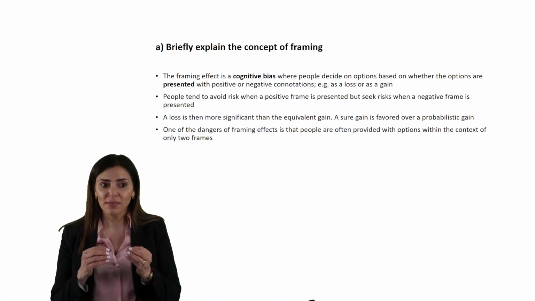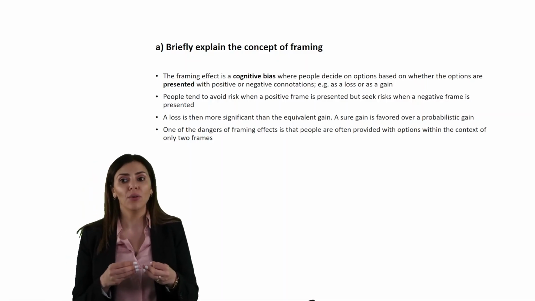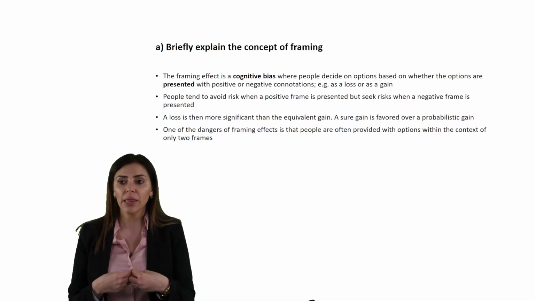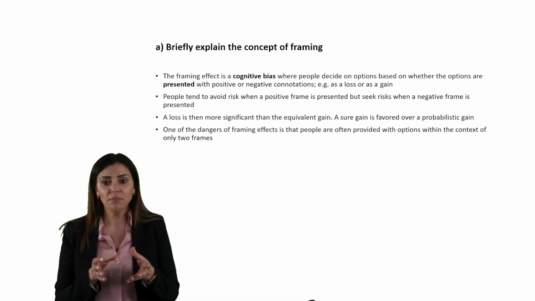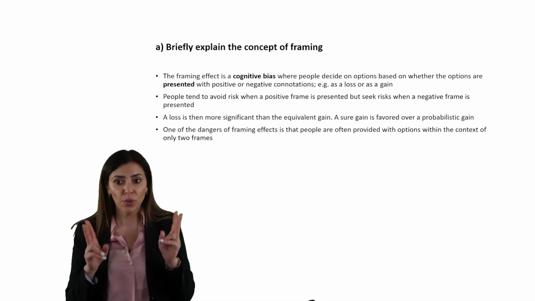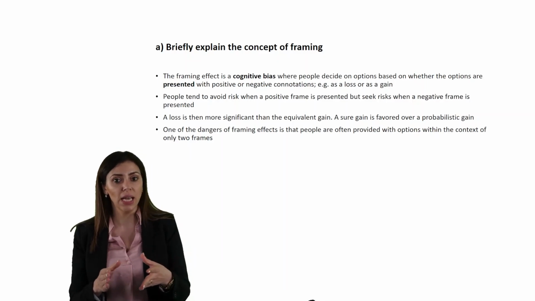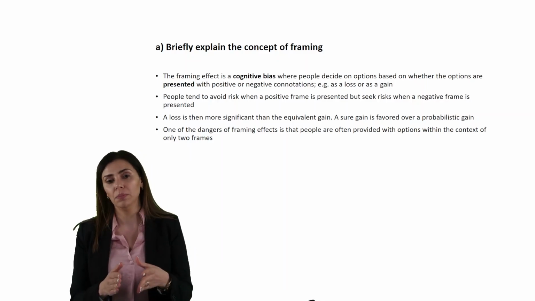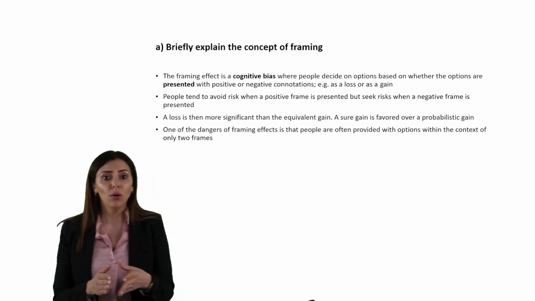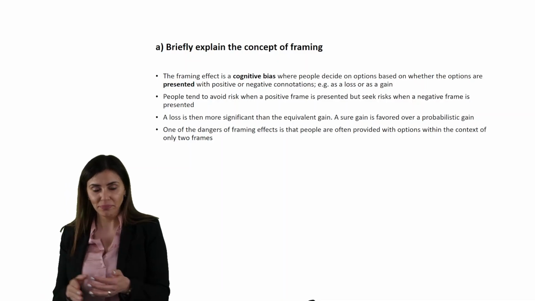One of the dangers of the framing effect is that people are often provided with options that have the same meaning but with two frames. That means that we are limiting how people perceive the information to only two options, and we are trying to nudge them towards just one.